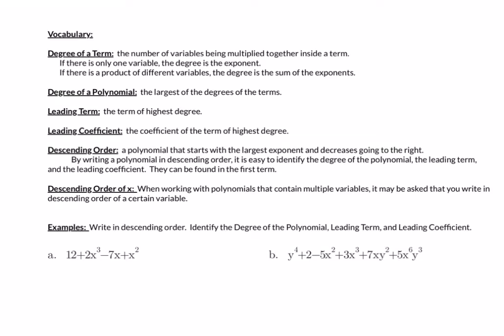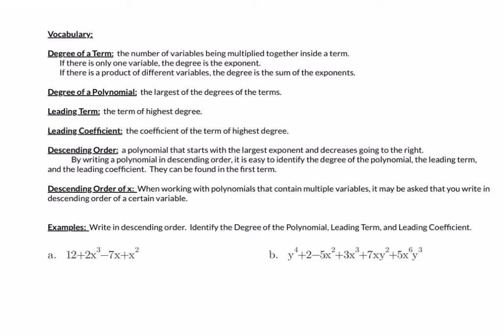The next thing we have is the degree of a polynomial. This is the largest of the degrees of the terms. Now this is going to be the thing that's most important to us. Once we determine the degree of the polynomial, we're going to look at that term in order to determine the leading term. The leading term is the term of highest degree.